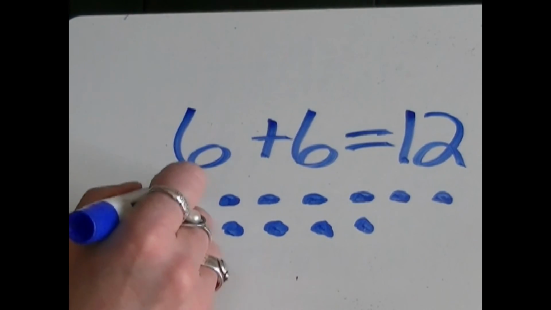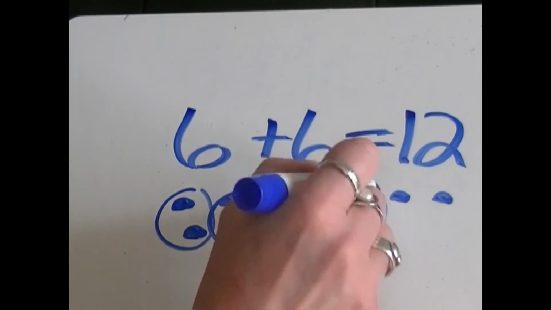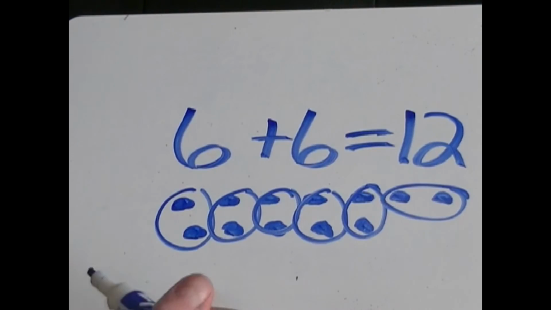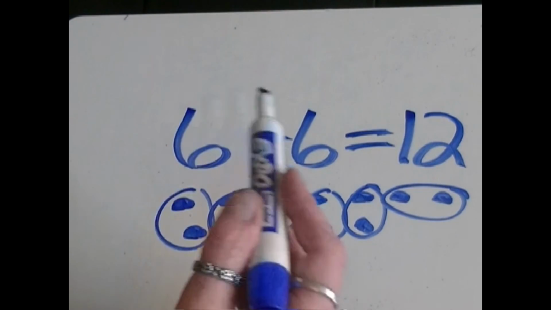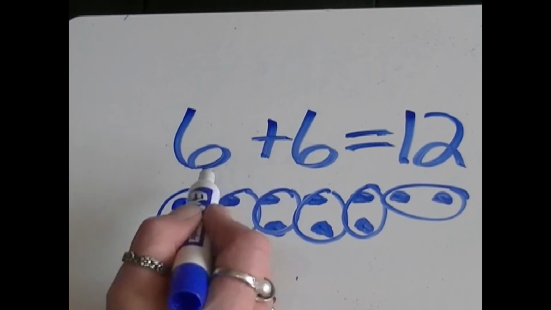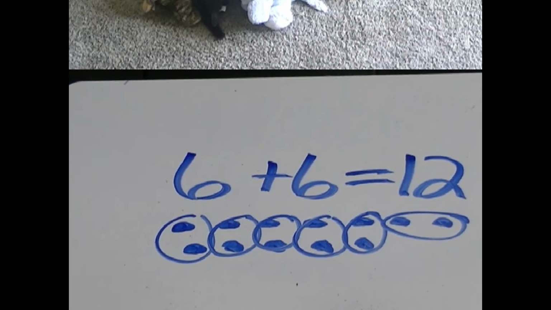All right, let's pair them up. It's looking good so far. Hey, check it out. There's no odd man out. That means 12 is even Steven. Nice job. So when we doubled an odd number, we got an even number. And when we doubled an even number, we got an even number. What do you know about that?